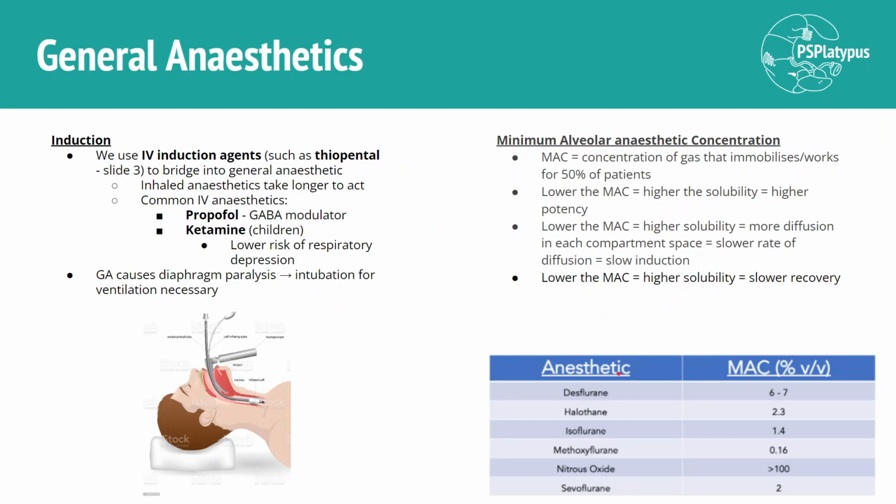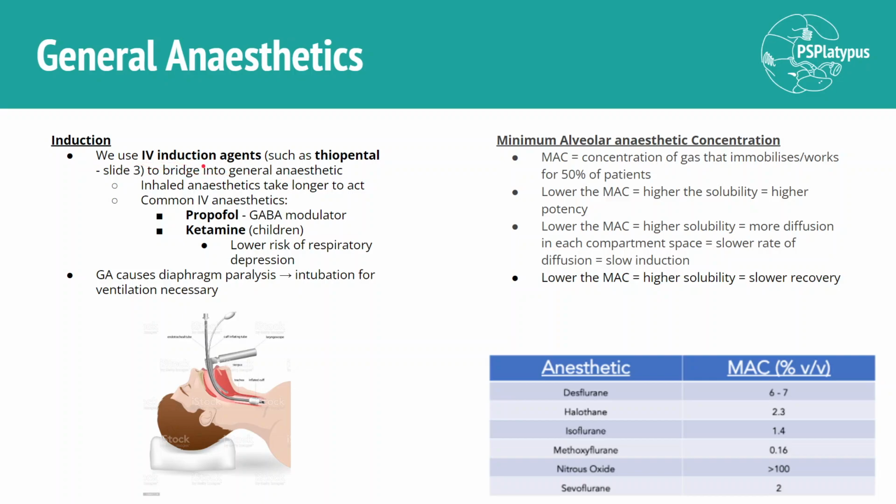All right, so practically, when we're using anesthetics in surgery, we need to induce them into the state. We use induction agents. Induction essentially just means the start of the anesthetic functioning. But the purpose of IV induction agents is to bridge into general anesthetics.